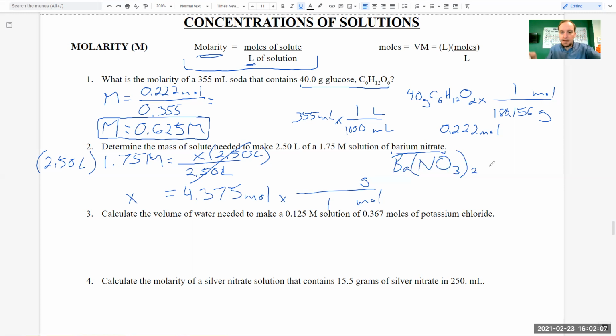And the mass of barium nitrate is going to be 261.336. Cancels. And finally, so I have 4.375 times my previous answer gives me 1,143.345 grams of barium nitrate.